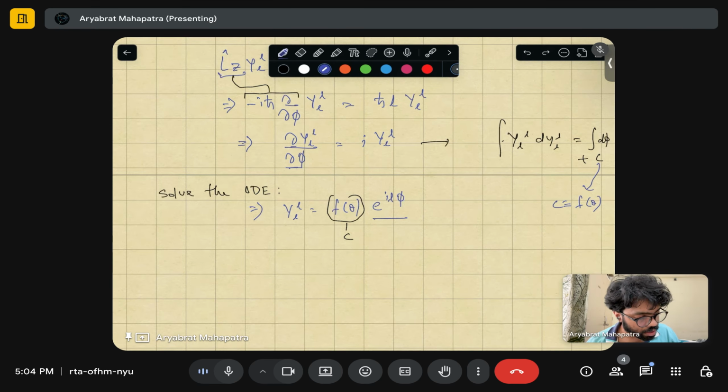From there you find that the constant is usually equal to a function of the other variable on which the function depends. In this case, the function depends on two variables, theta and phi. So if you are solving with respect to phi, then the constant you get after solving the differential equation has to be equal to some f of theta.